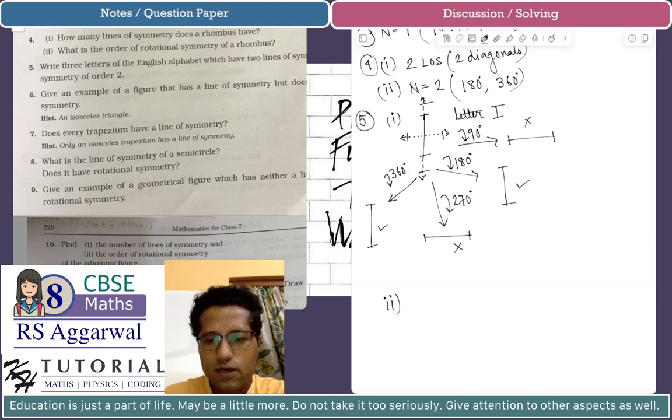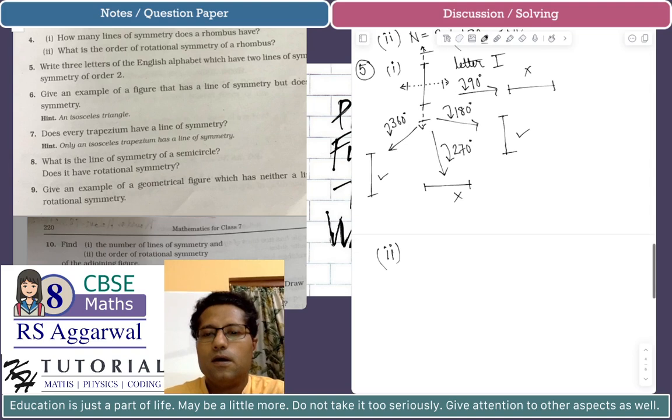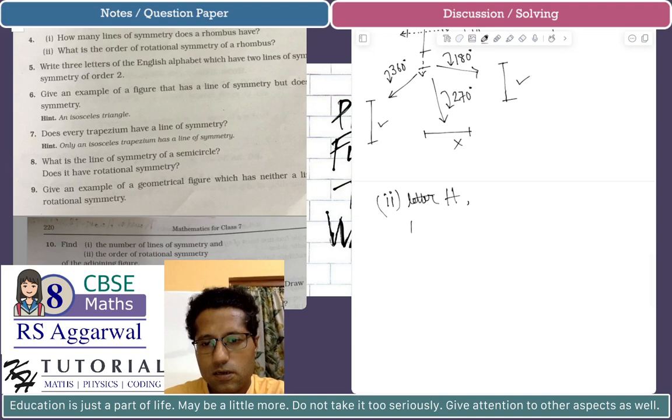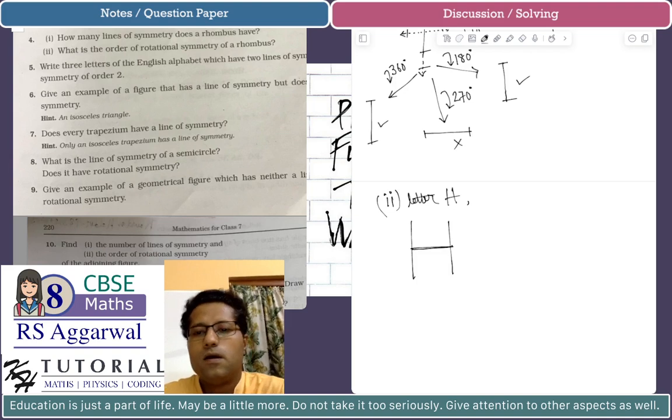We have to find three letters. I think letter H. What are the lines of symmetry for letter H?